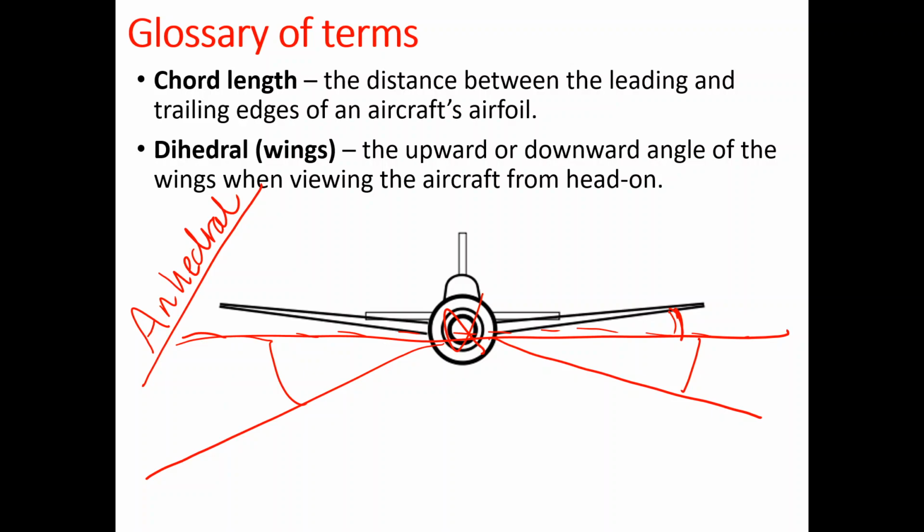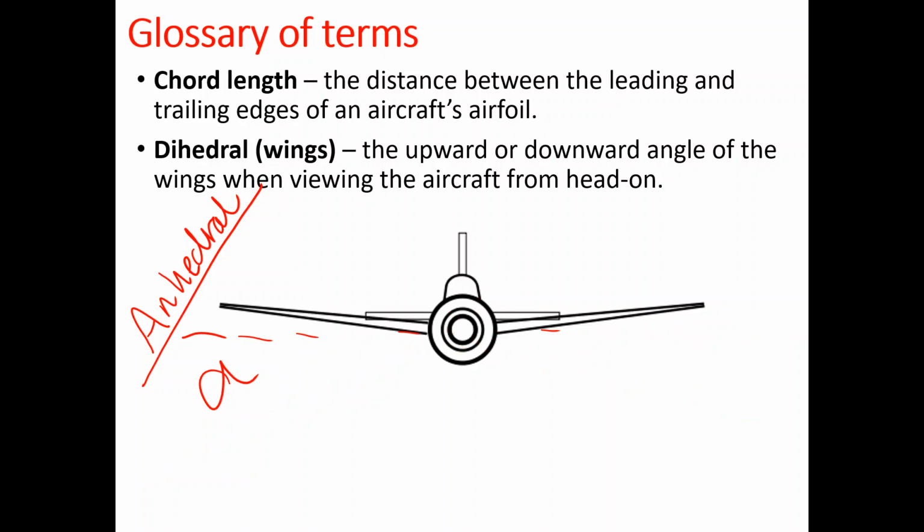Let's call it A, which is going to mean your wings are anhedral. There are different properties to the dihedral and anhedral wings. Hopefully you have gone over them in your aerodynamics course. If not, we will go over them in a little more detail, not that much, in the flight and orbital mechanics course.